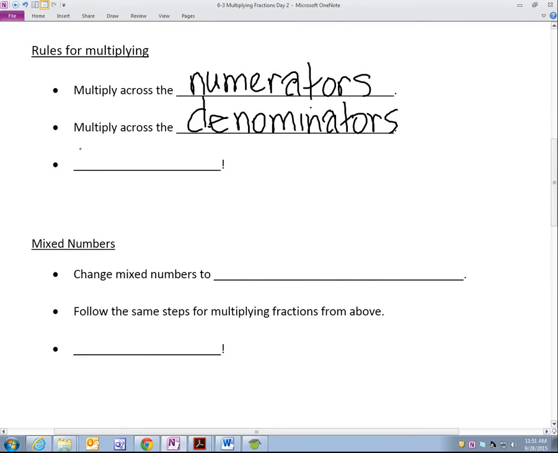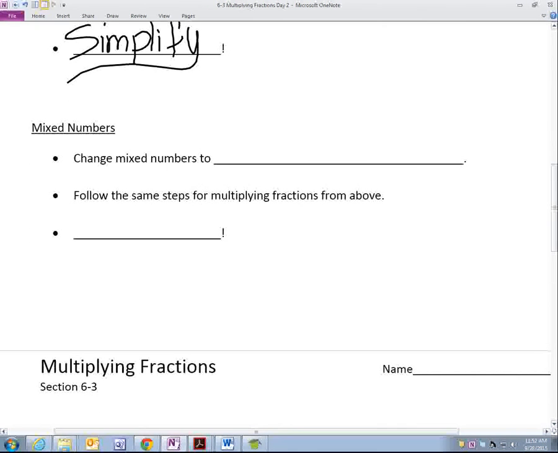And then simplify. With mixed numbers, whenever we have mixed numbers, what you need to do is change the numbers into improper fractions.